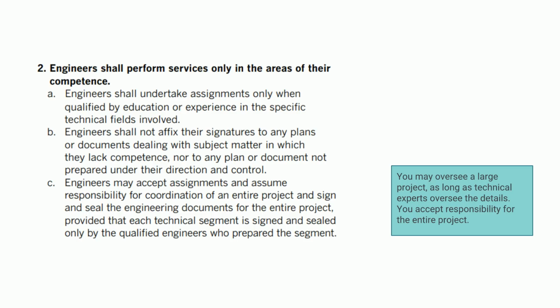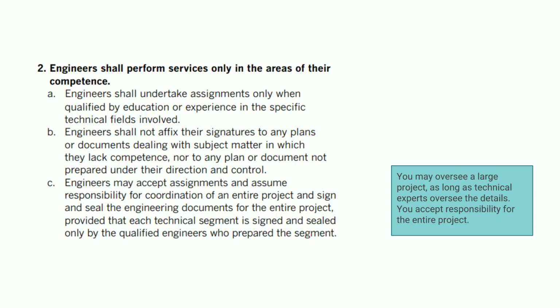So engineers should only perform in their area of competence. That means that if you're not competent to perform some activity, then you shouldn't do it. You shouldn't sign off on material that you are not qualified to sign off on, that you're not prepared to control and be responsible for.